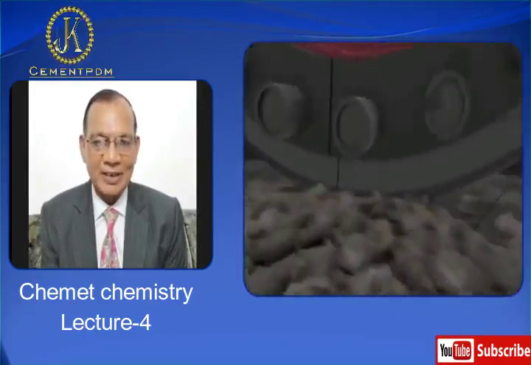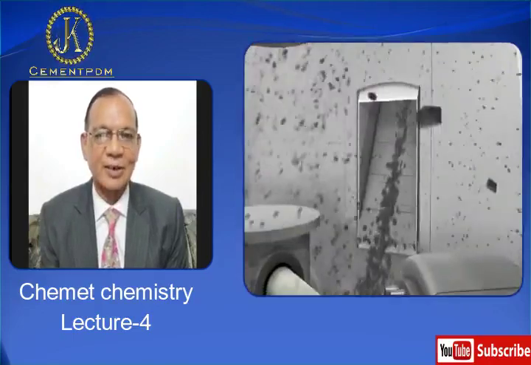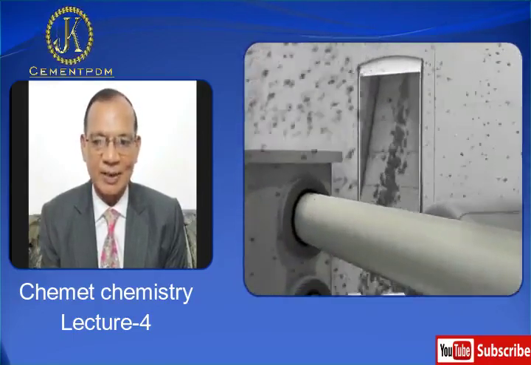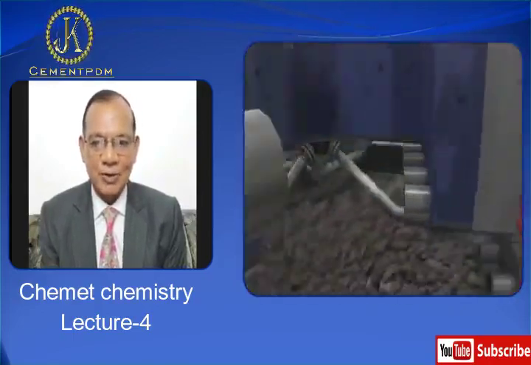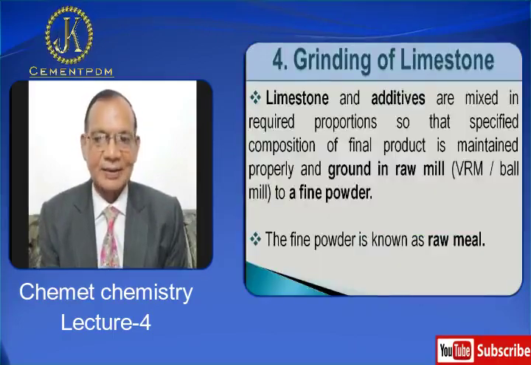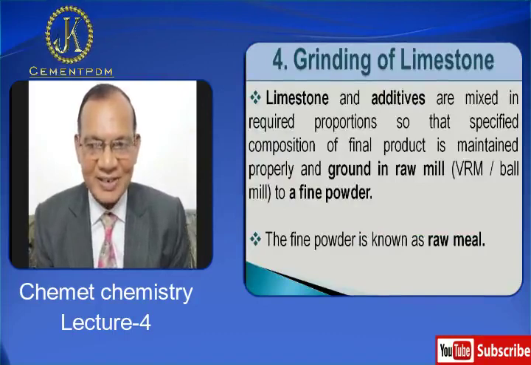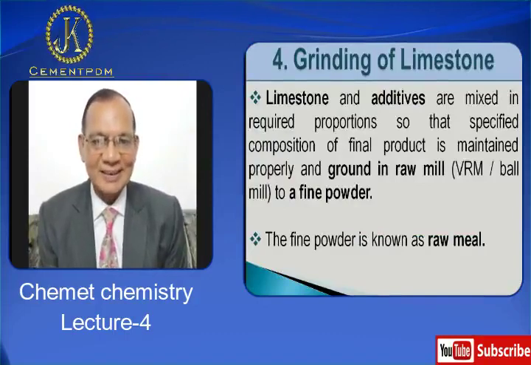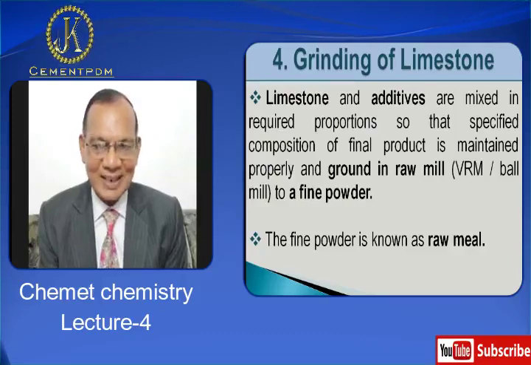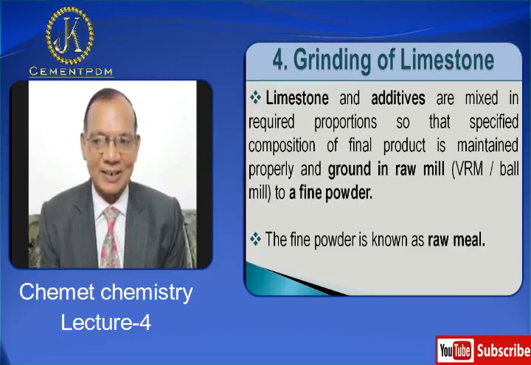Raw mill can be VRM, that is vertical roller mill, or it could be ball mill, ground to a fine powder. The fine powder is known as raw meal. Difference is in raw mill, that is ball mill or VRM, it is RAW MILL. Here, the fine powder is RAW MEAL. So that difference must be understood.